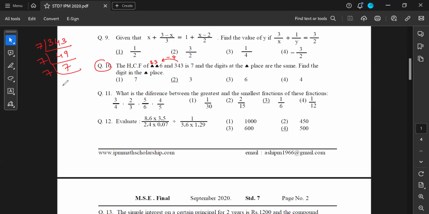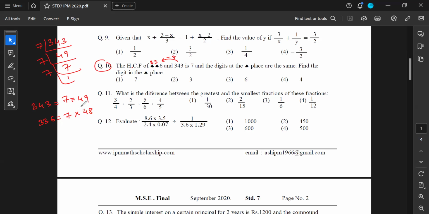Again, I divide by 7, I get 1. So basically 343 is 7 multiplied by 49. Which means 336 will be 7 multiplied by, this is only one less factor. If 7 multiplied by 49 is 343, then one less factor, 7 multiplied by 48 will be 336.